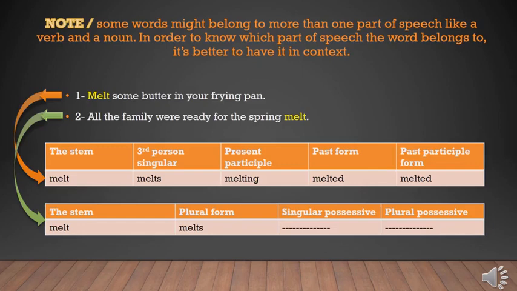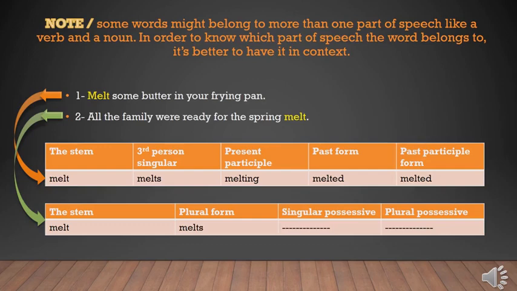Now let's take this note. Some words might belong to more than one part of speech, like a verb and a noun. In order to know which part of speech the word belongs to, it's better to have it in context. We talked about this earlier. If a word belongs to more than one part of speech and it comes in isolation without context, this word is ambiguous because we don't know to which part of speech it belongs.